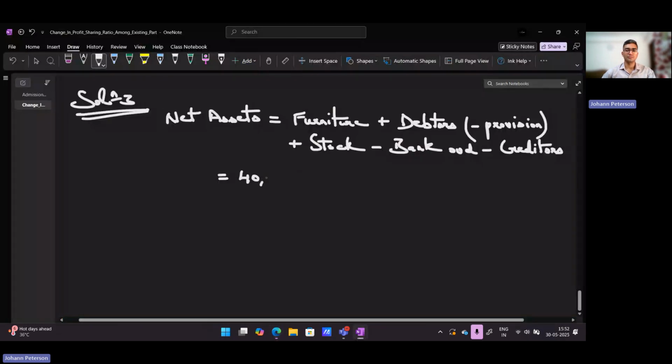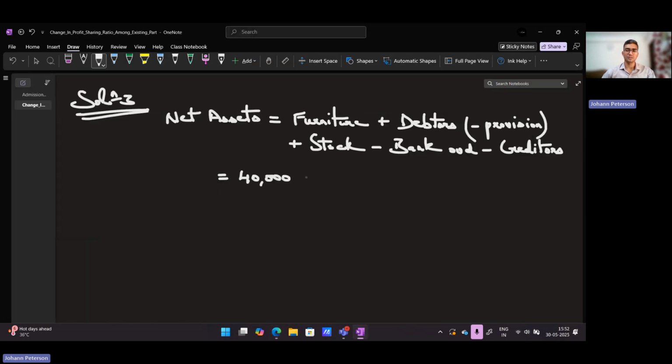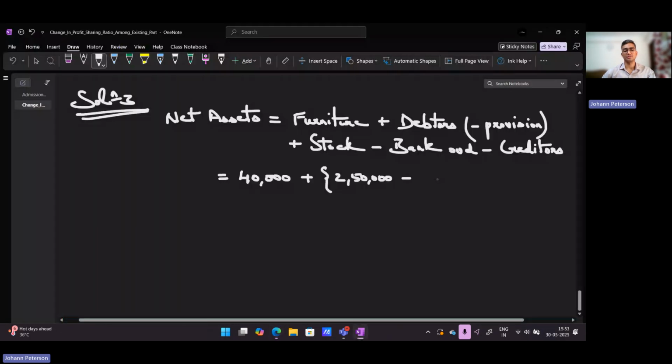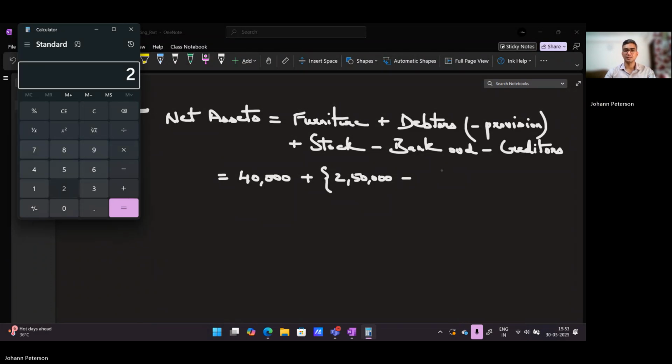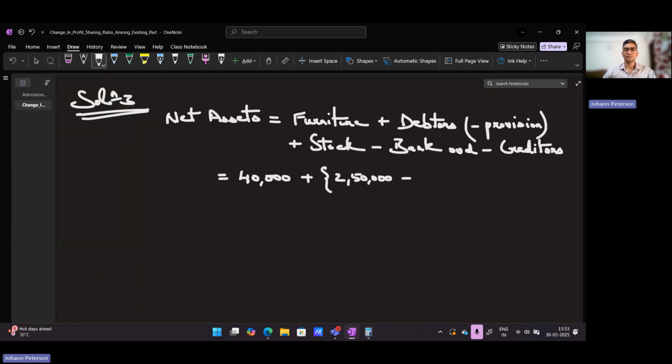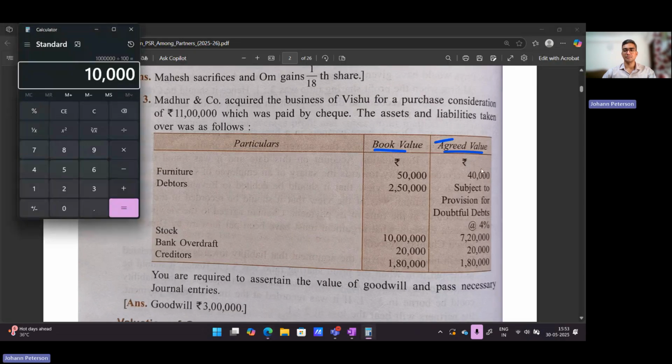40,000 plus our debtors, which is 250, and 4% is the provision, so the amount will be 250 minus 4% of 250. So 250 into 4 divided by 100, which is 10,000. So 250 minus 10, plus the stock, which is 720.